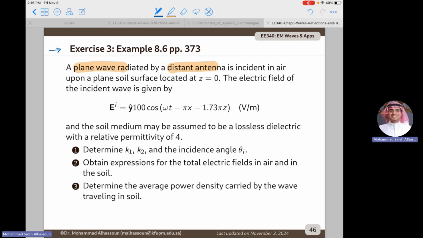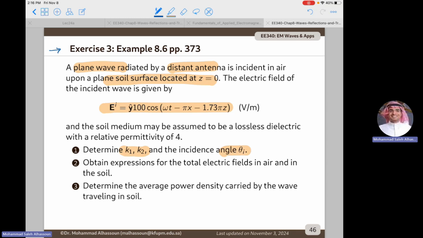Medium 1 is simply air, and medium 2 is soil, at z equals 0. We know the incident electric field, and we want to compute the wave vector in medium 1 and medium 2 and the angle of incidence.